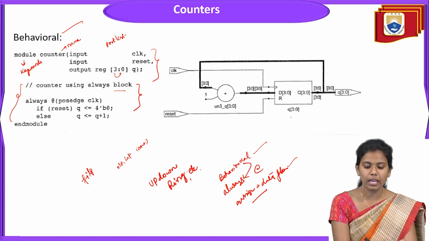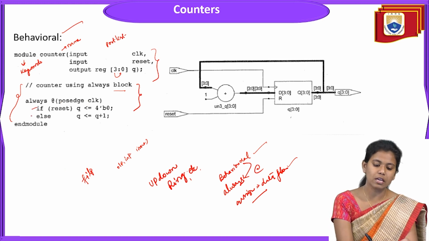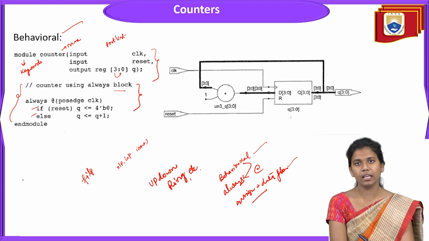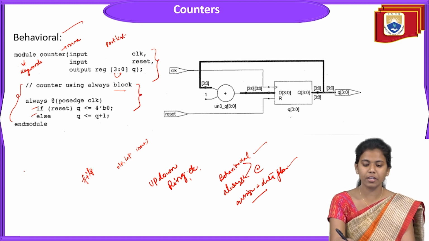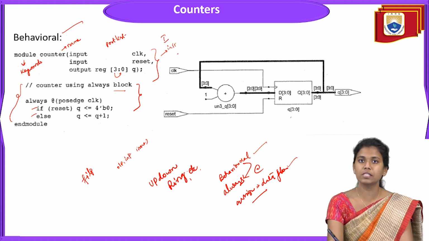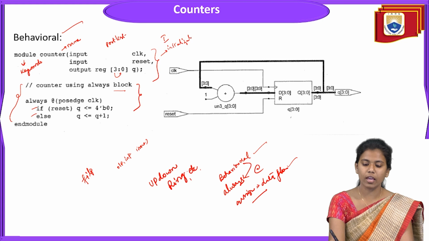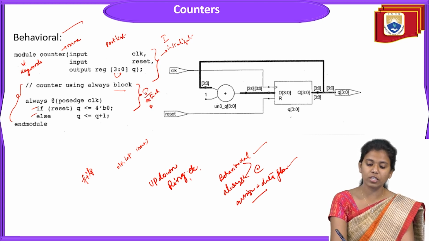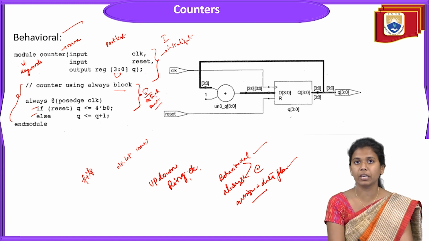And now we'll see if and else. These are keywords again. As I said, this is the first part, where we see the initialization. This is the second part, where we see the actual demonstration of a particular module.